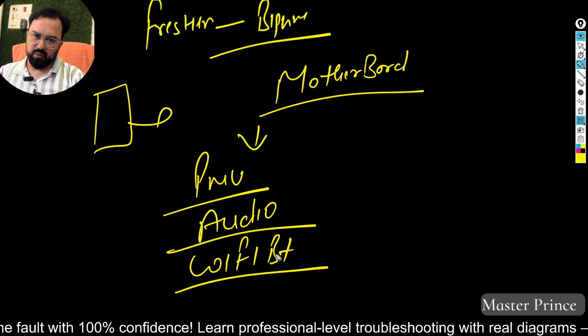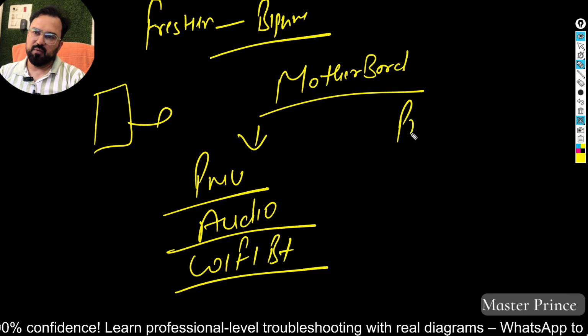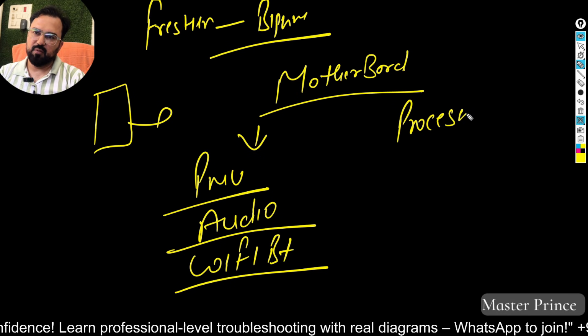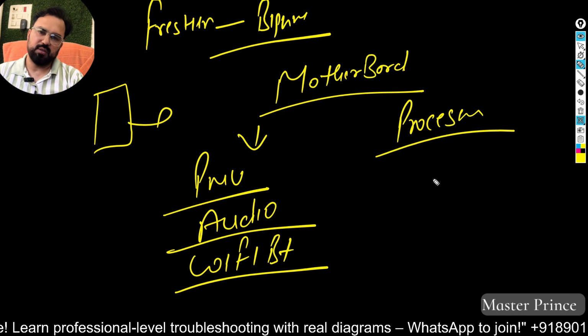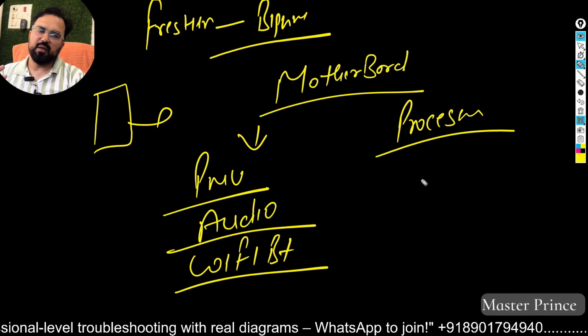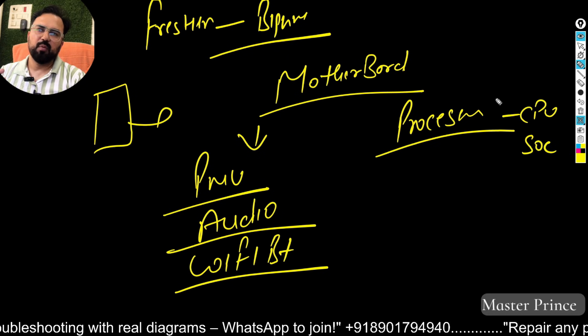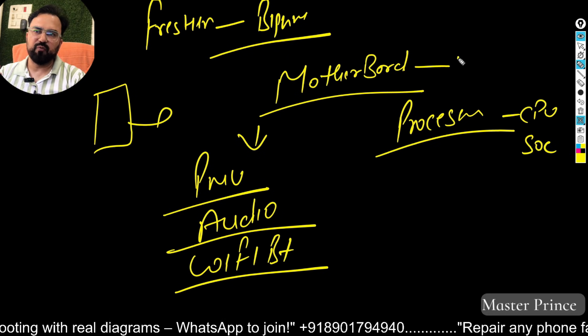To run this motherboard, we need a processor. So second, we install a processor. The processor is comparable to the CPU or SoC in a mobile phone. The motherboard is similar to a phone PCB.